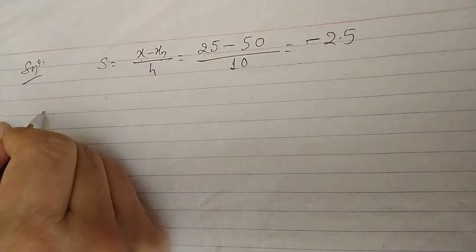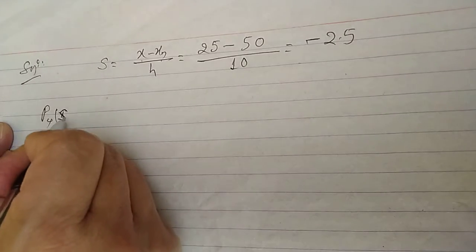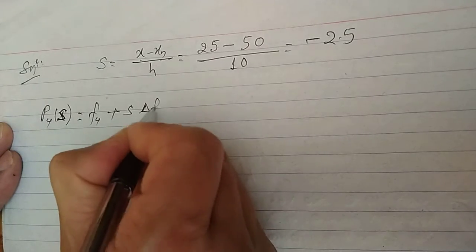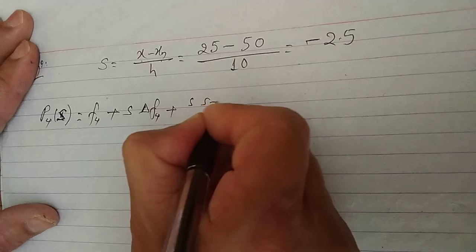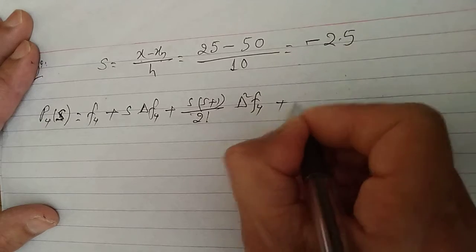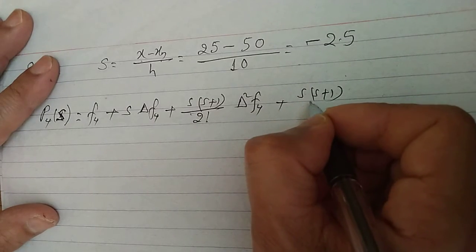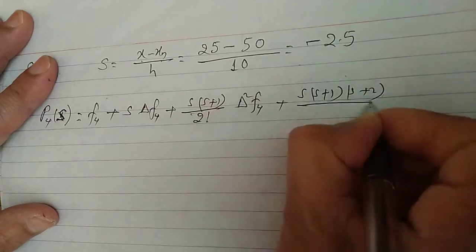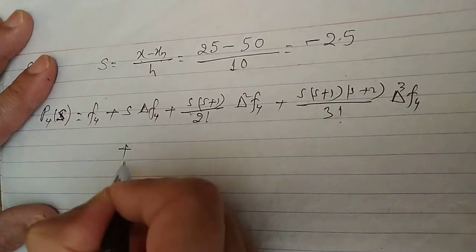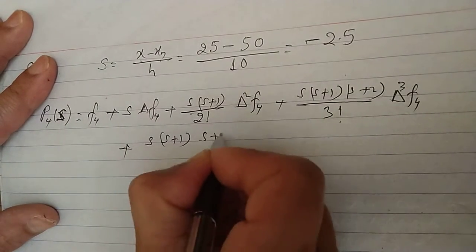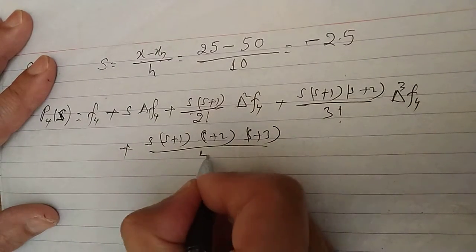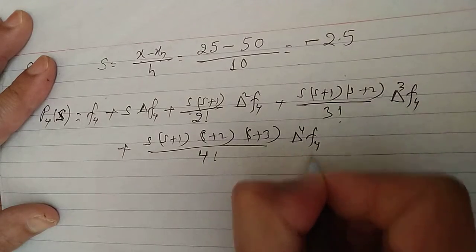All right, so what is P for s then? F4 plus s into delta F4, plus s into s plus 1 by factorial 2 delta square F4, plus s into s plus 1, s plus 2 by factorial 3 delta cube F4, plus s into s plus 1, s plus 2, s plus 3 by factorial 4 into delta power 4 F4.